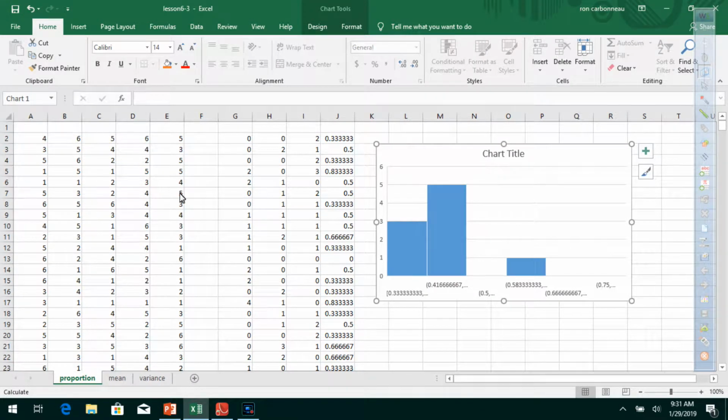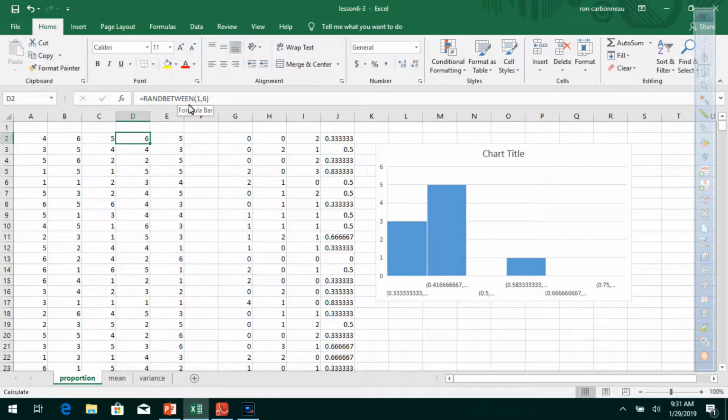Here is an example. I have used a random number generator to generate numbers between 1 and 6, what you would find on a die. This one counts the number of ones, that one counts the number of threes, and that one counts the number of fives.